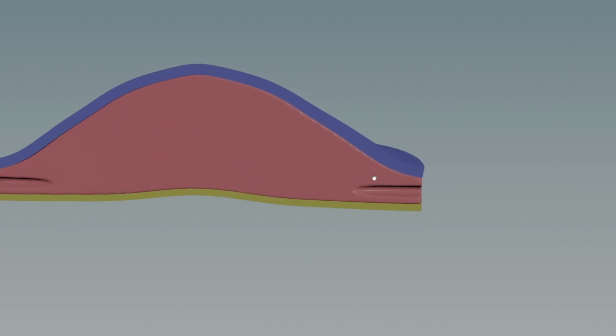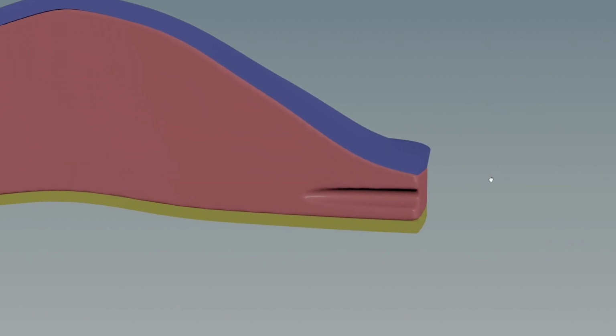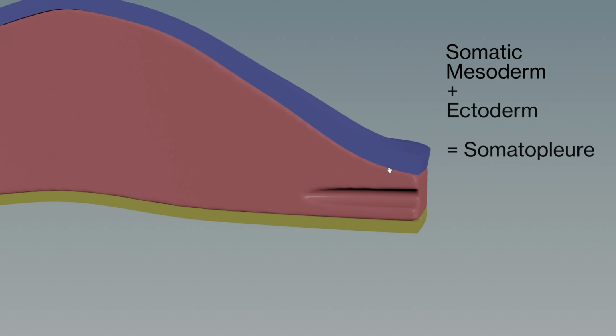we can now see that the lateral plate mesoderm is actually being divided into two halves. This upper half, which is attached to the ectoderm, is our somatic mesoderm, which is going to be innervated by somatic afferent nerve fibers. And we call the ectoderm and somatic mesoderm together the somatopleure.